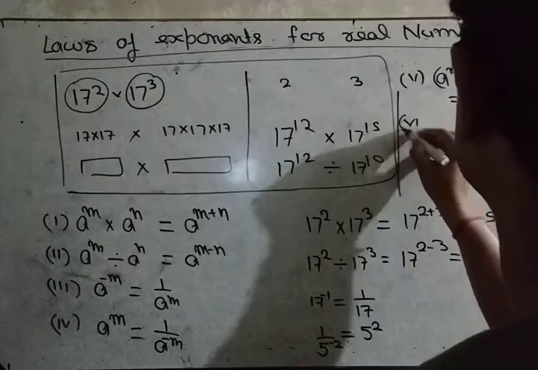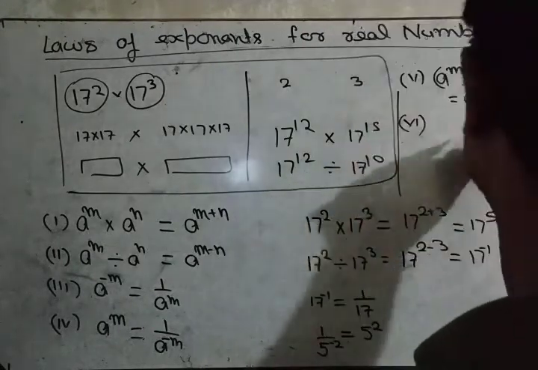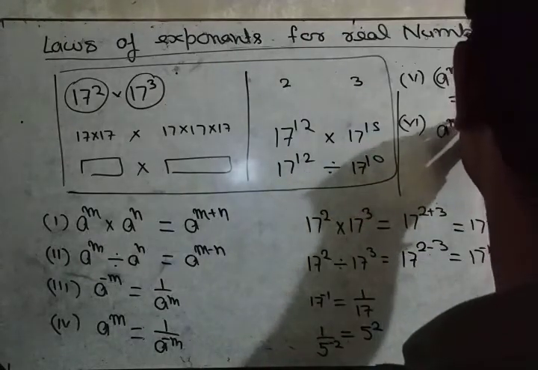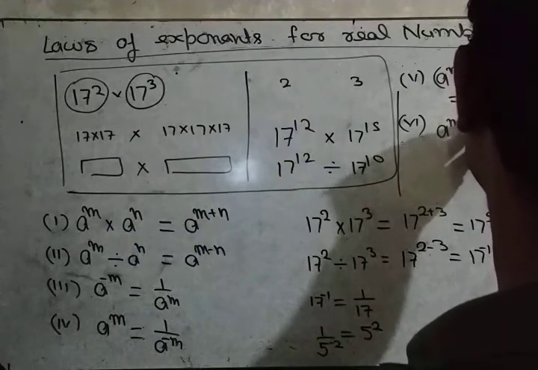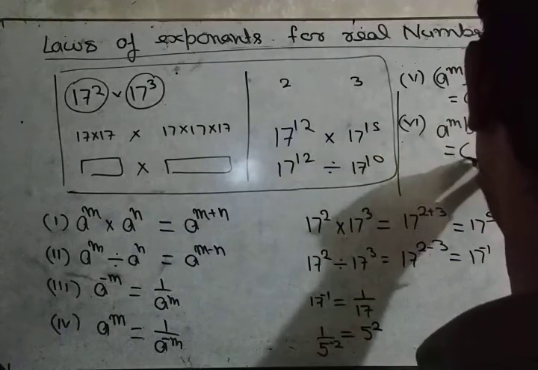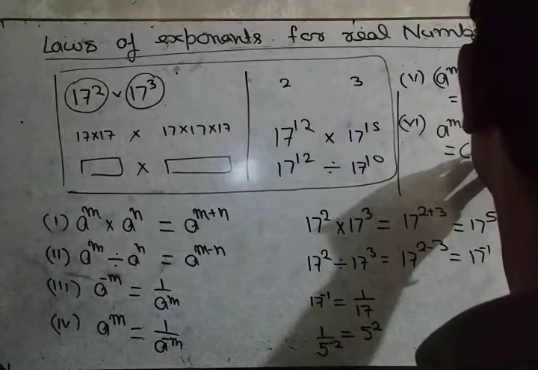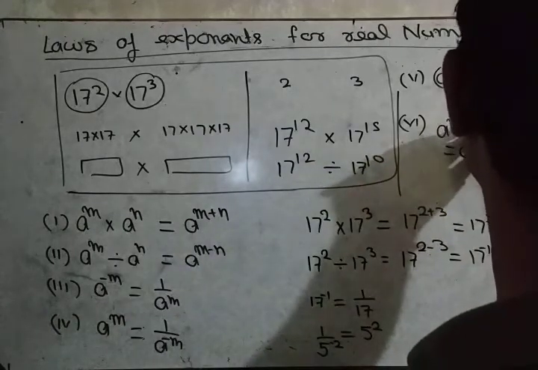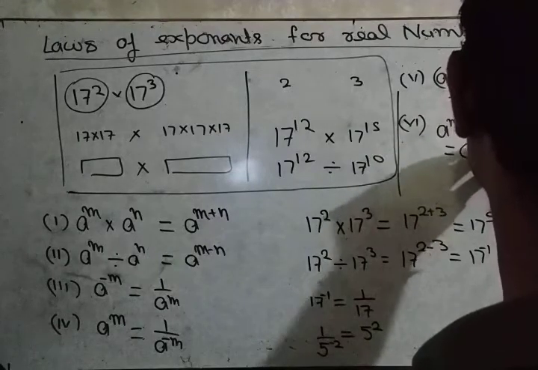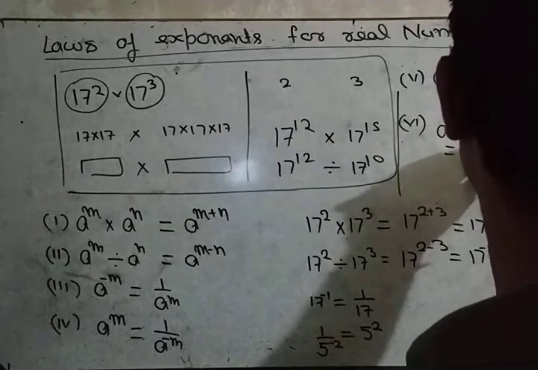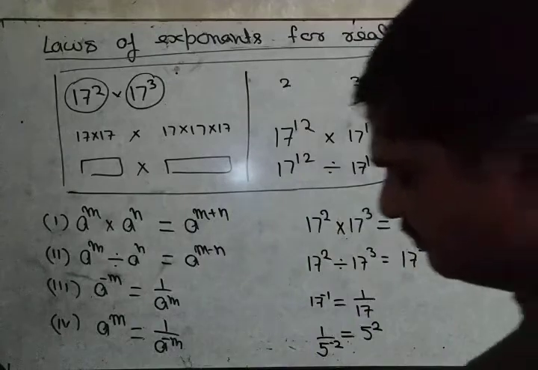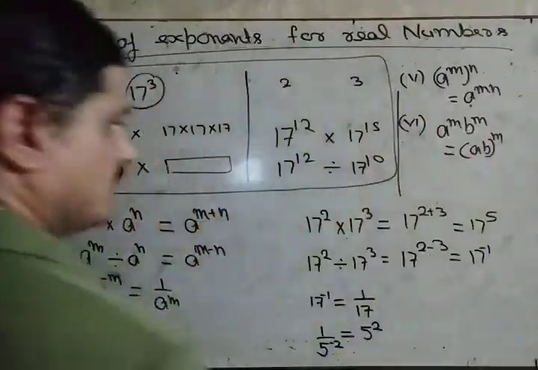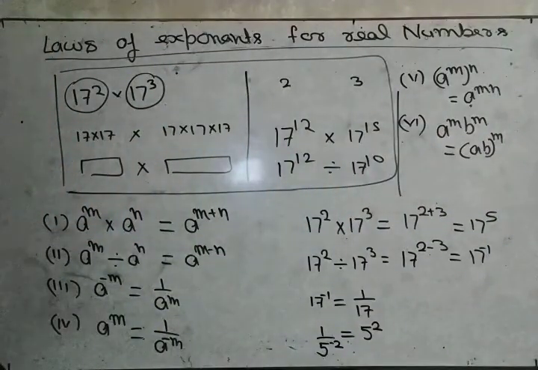Sixth one is if a power m, b power n is there, if both powers are the same, in that case you can multiply the bases and put the power. So these are some rules. Please pause the video and note it down.